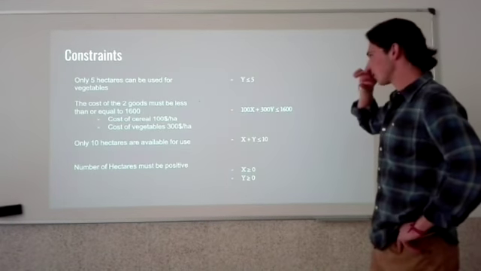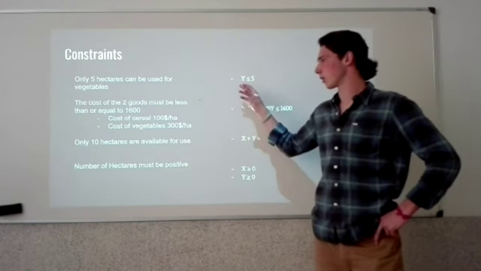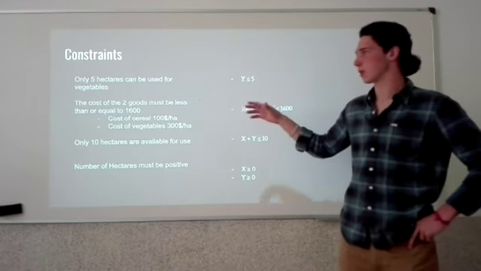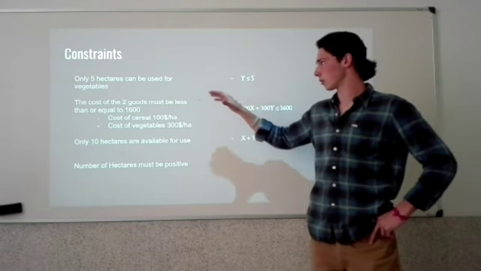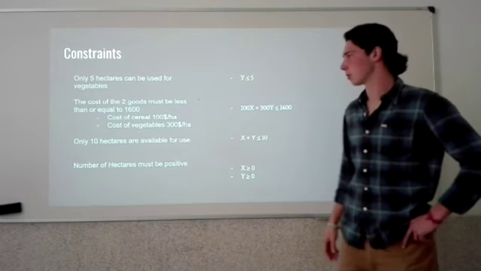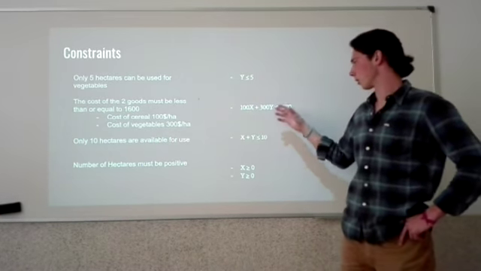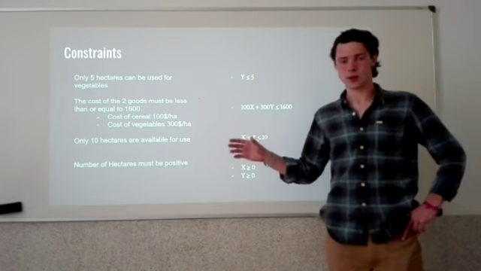And so, our 5 constraints are listed here. y, which is the amount of hectares of vegetables, must be less than or equal to 5, because, as stated in the problem, you can only use 5 hectares for vegetables. The total cost of the two goods must be less than or equal to $1,600.